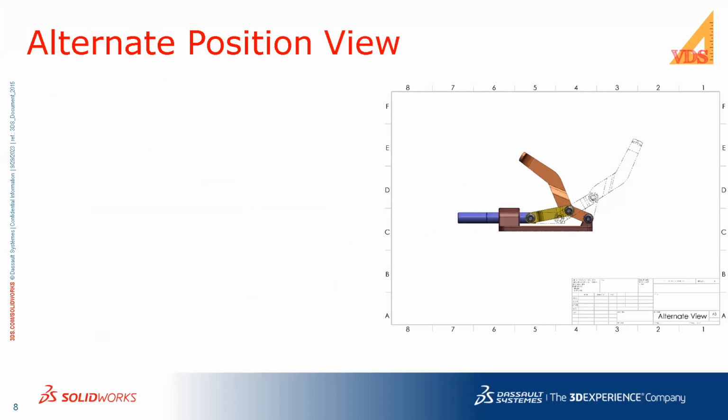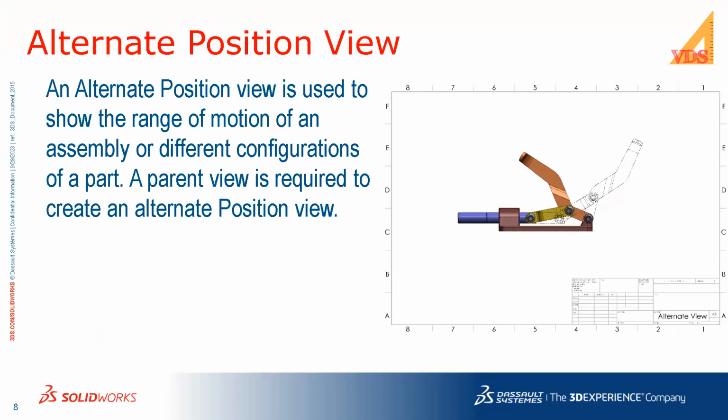Alternate position view. This is a very good tool in SolidWorks, I would say, as it helps us show the motion of an assembly component, or of assembly components, within the same view.